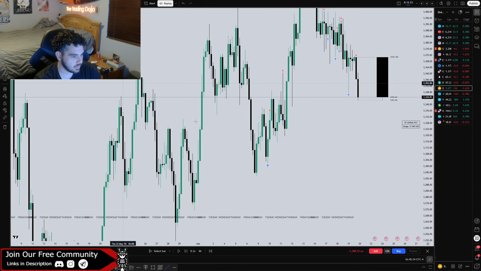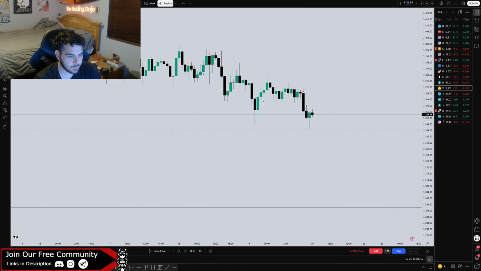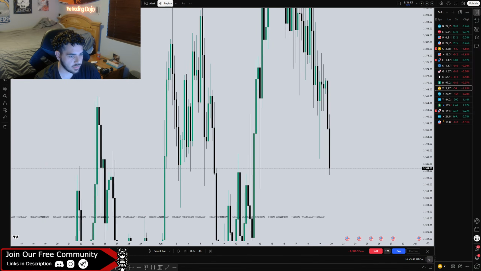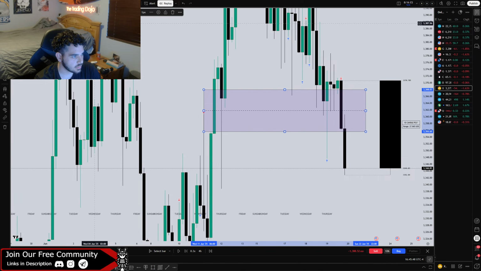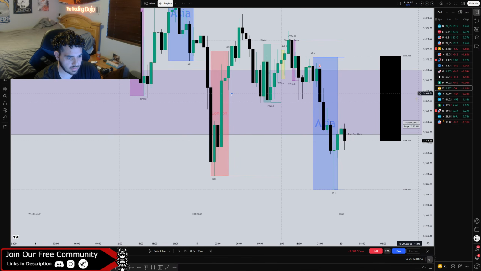Let's start looking at some of this sell side. On the 4-hour, we also took out quite a bit. Made some inversions in here. Let's see.